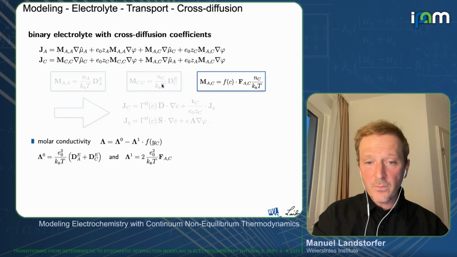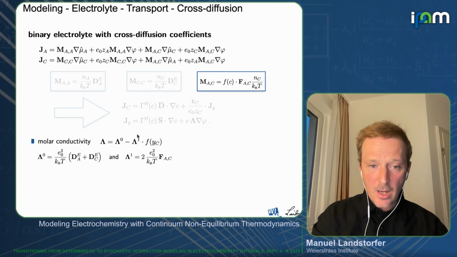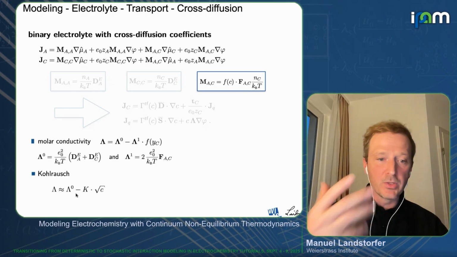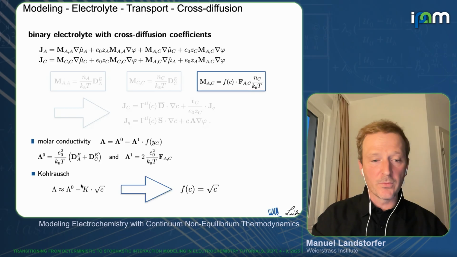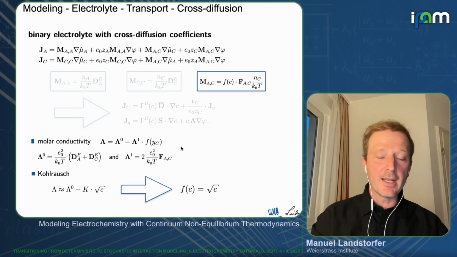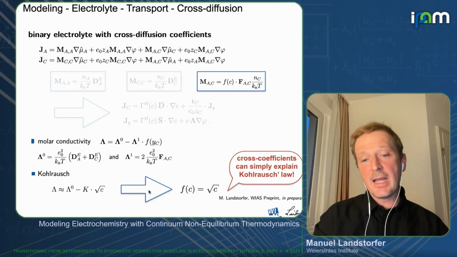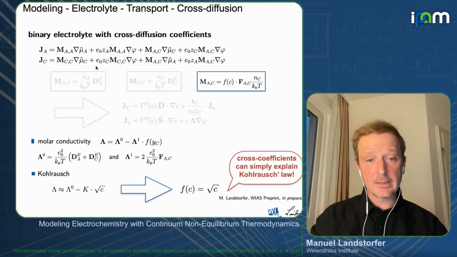And this friction term fascinatingly propagates exactly onto the point where you're getting a minus term arising from this friction term. And this basically reproduces Kohlrausch's law from the 1900s. Yeah? So in that sense, you can more or less simply explain Kohlrausch's law by the idea of cross-diffusional terms in Nernst-Planck type fluxes.